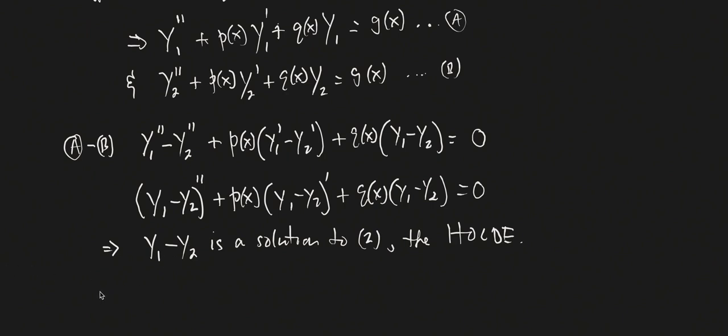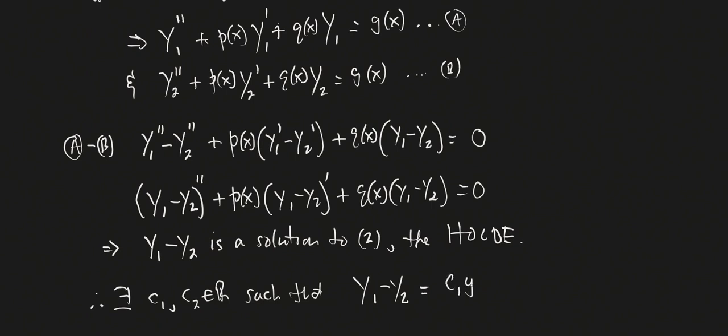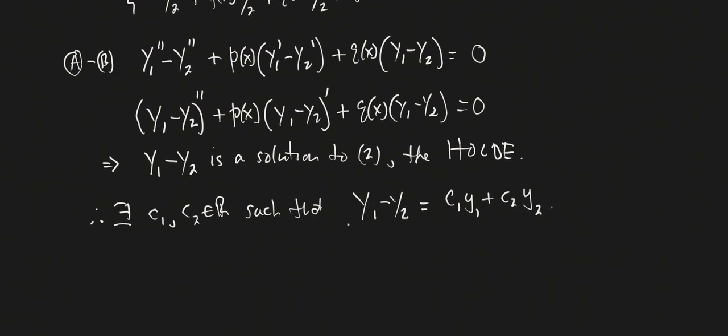So therefore, there exist C1, C2 in the set of real numbers such that this difference that we just showed satisfies the homogeneous equation can be written as c1 times little y1 plus c2 times little y2.